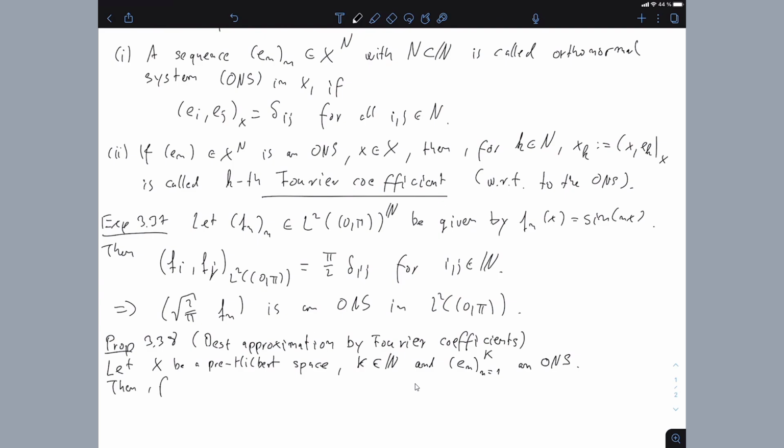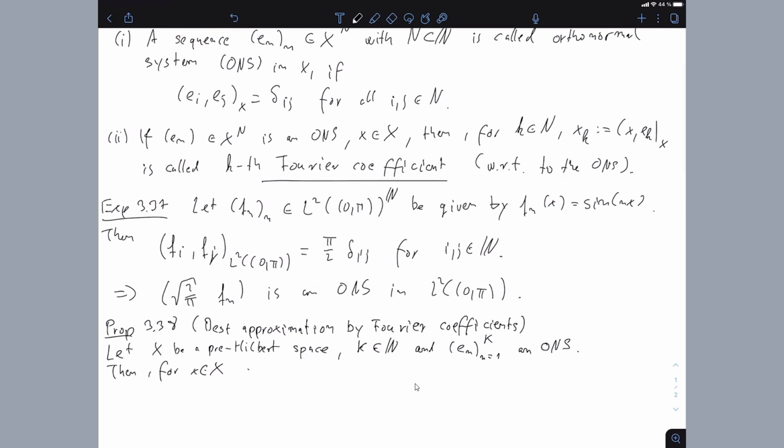So now we come to the actual statement. We look at one element x and some coefficients, either real or complex, depending on what x is.